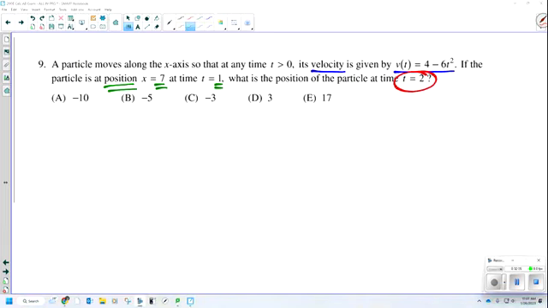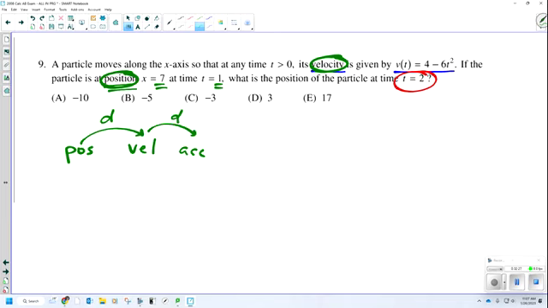So my thought process here is, if we have velocity, okay, and we need position, and I write this a lot, there is position, velocity, and acceleration. These are always one derivative away, okay? But we're going backward, which means we need to integrate velocity to get position.